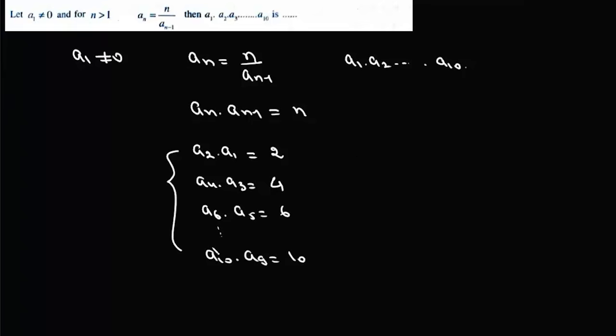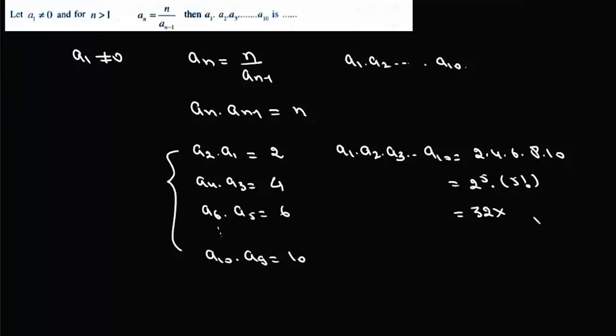We multiply all these terms, we'll get this product a1 into a2 into a3 up to a10, and there'll be 2 into 4 into 6 into 8 into 10, which is 2 to the power 5 into factorial 5. And that is 32 into 120, and which is 3840. So value of this product is 3840.